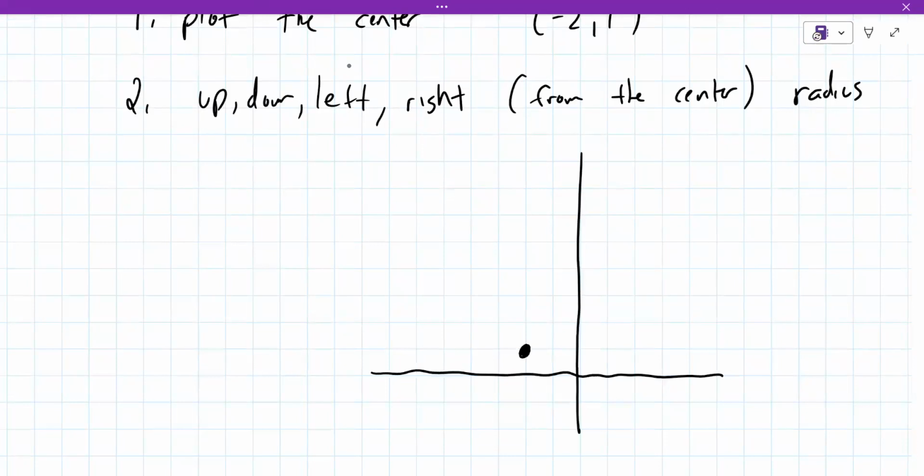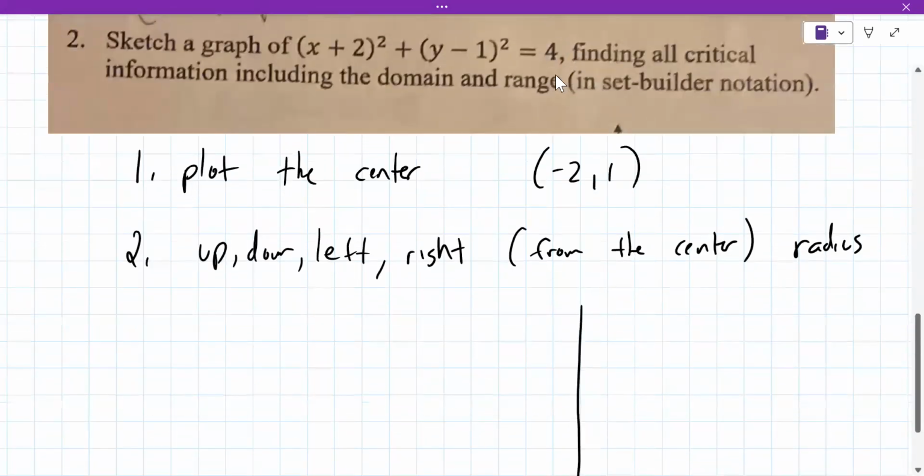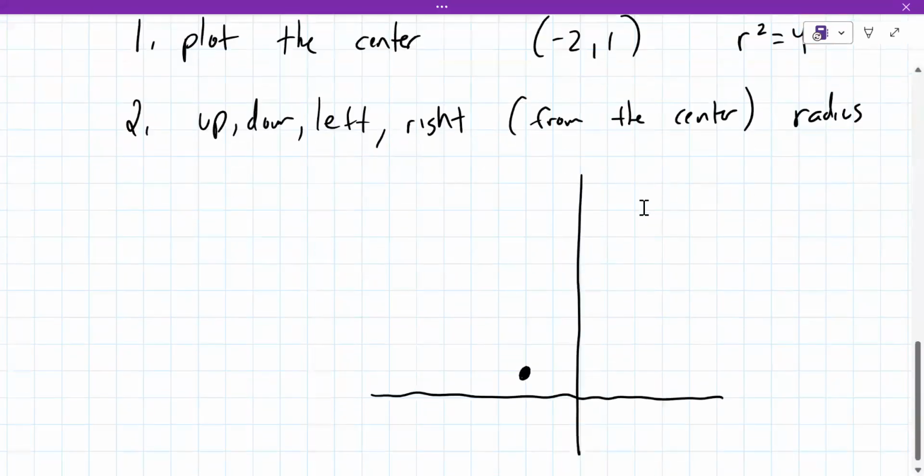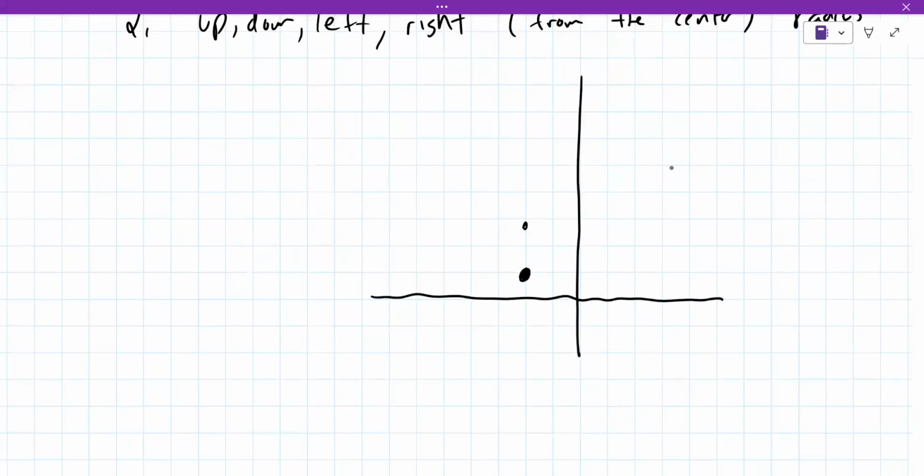And then you need to know the radius. What is the radius of this? The radius squared is 4. What is the radius? 2. So you go up 2, down 2, right 2, and left 2.